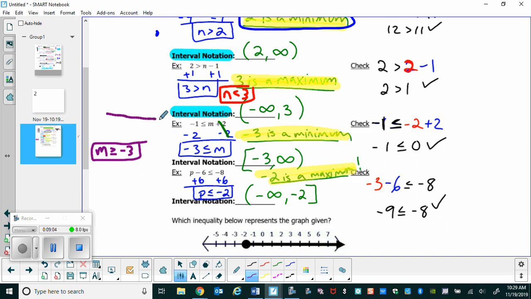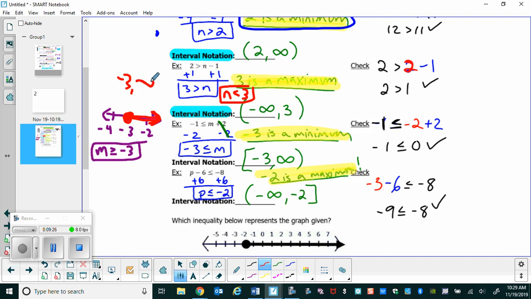So on a number line, what both would show here, if you have your negative 3, and then a negative 2 here, and then a negative 4 this way, if m is bigger than or equal to, we're going to color in our circle, and now we're going to shade this way. So here it is in interval notation. You got your negative 3.